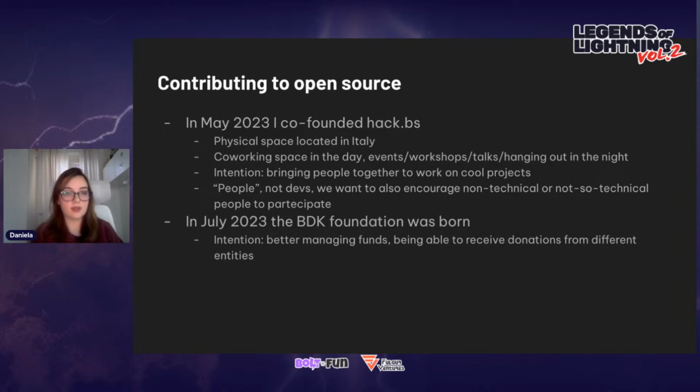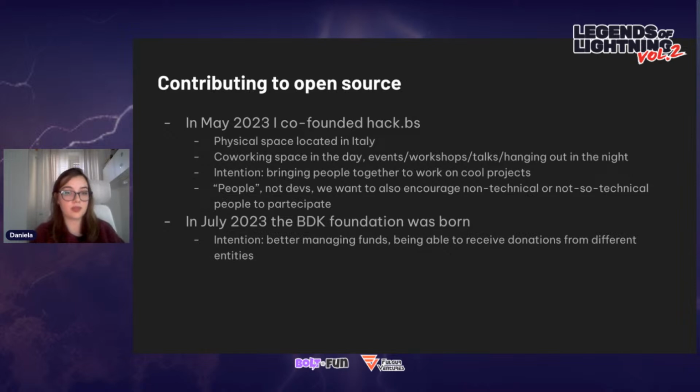The BDK Foundation has the intention to better manage the funds that are devoted to the BDK project. Because you have two ways of funding an open source project. You might just have companies funding specific devs, or you might have a foundation just receiving donations from various companies and then deciding where those funds go.